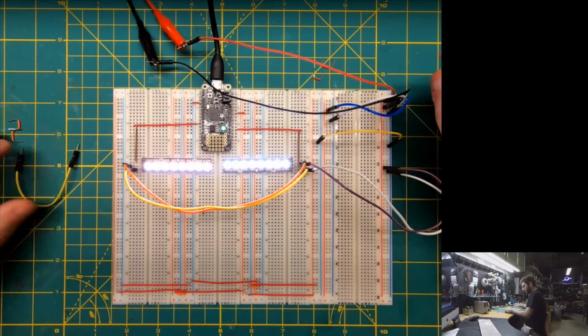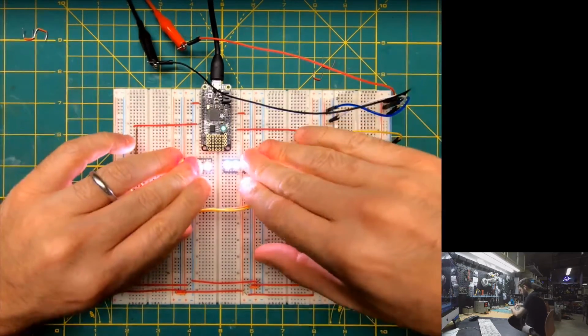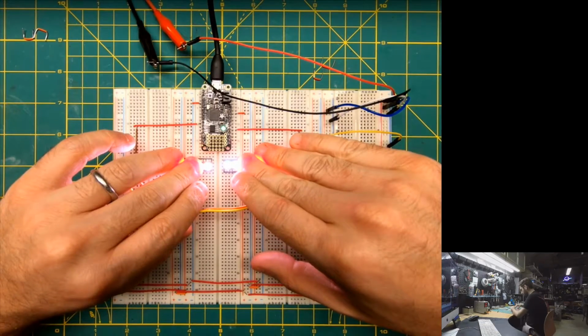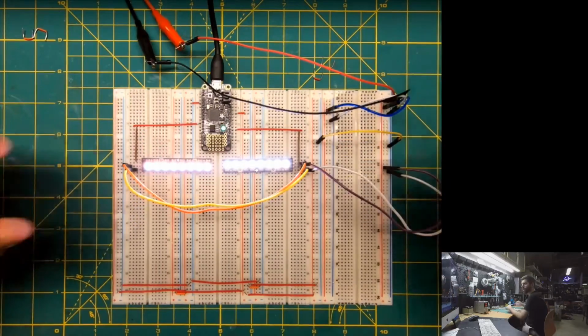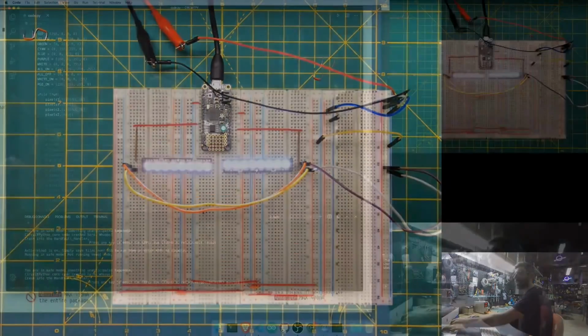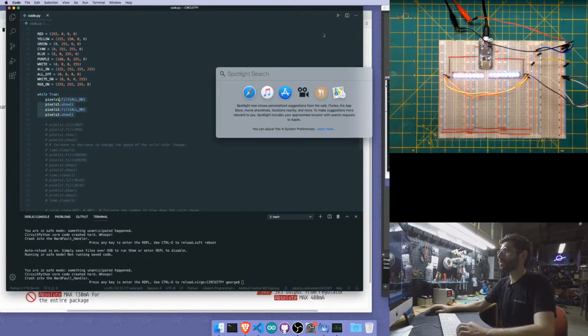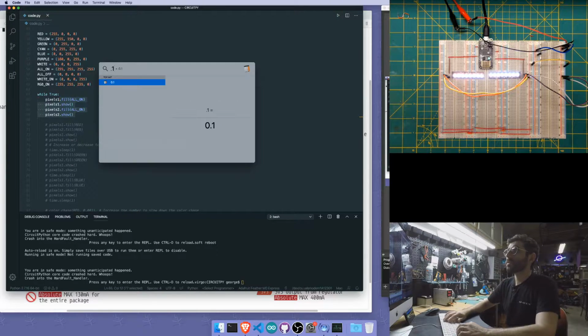So, yeah, I guess what does this tell us? Well, so what is this, 16 RGBW LEDs, right? We're at 0.66 right now.